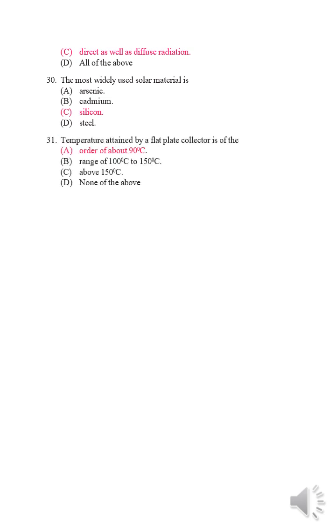The most widely used solar material is, of course, silicon. The temperature obtained by a flat plate collector is almost about 90 degrees Celsius, less than 100 degrees Celsius. So the correct answer is the option of the order of about 90 degrees Celsius.